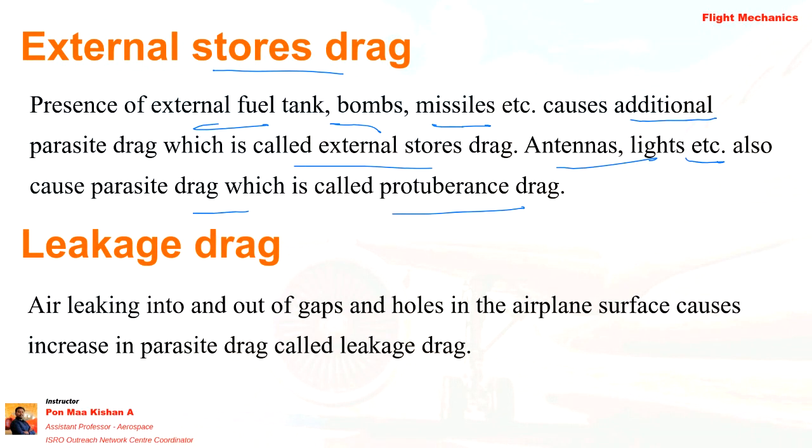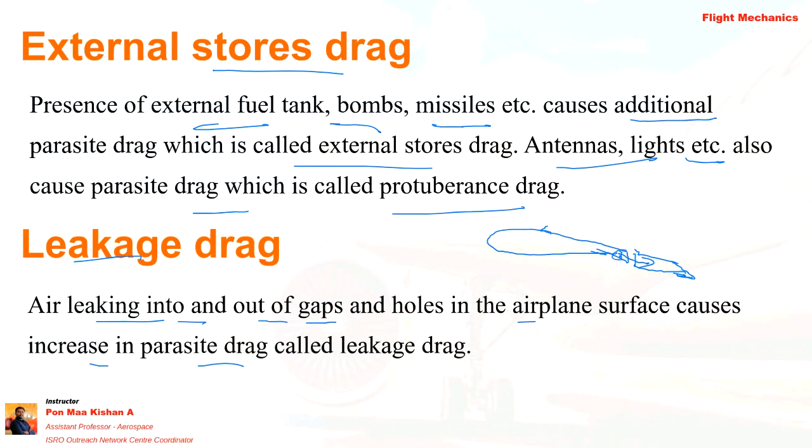Okay, so leakage drag. Air leaking into and out of gaps and holes in the airplane surface causes an increase in parasite drag called leakage drag. Let's say this is an airfoil and there will be a gap between the control surfaces, that is flaps or ailerons, connected with a hinge.